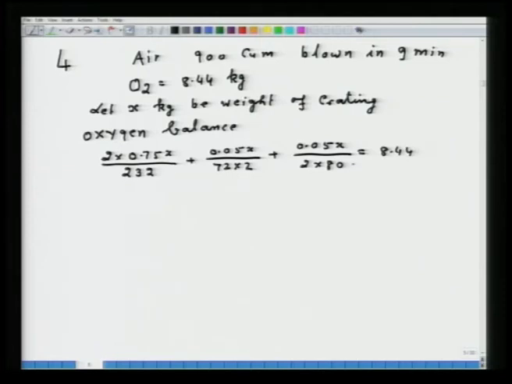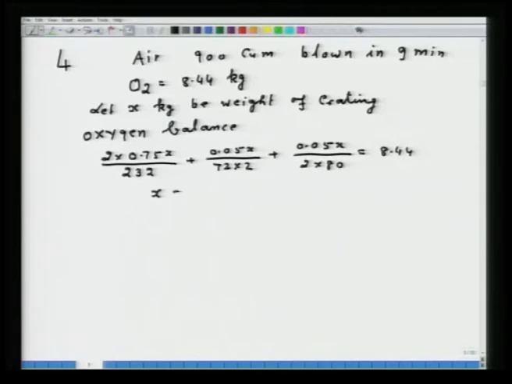Now, the clue to this problem is that the coating is formed because of the availability of oxygen. So, you have to use the oxygen balance to get the weight of magnetite coating, and if you do, then x, that is equal to 1184 kg, is the weight of magnetite coating.